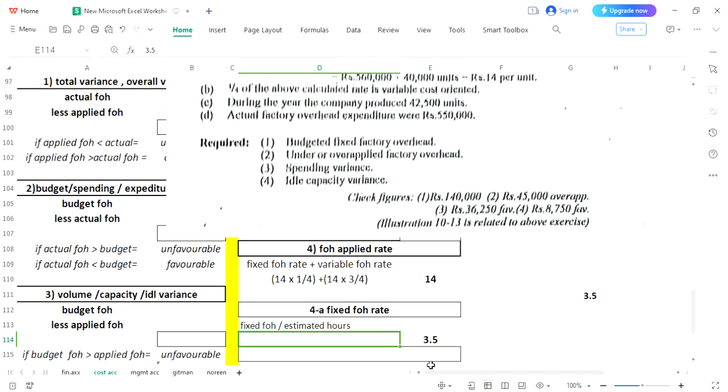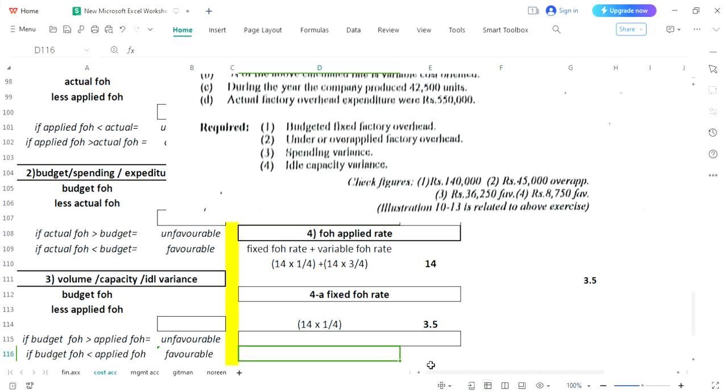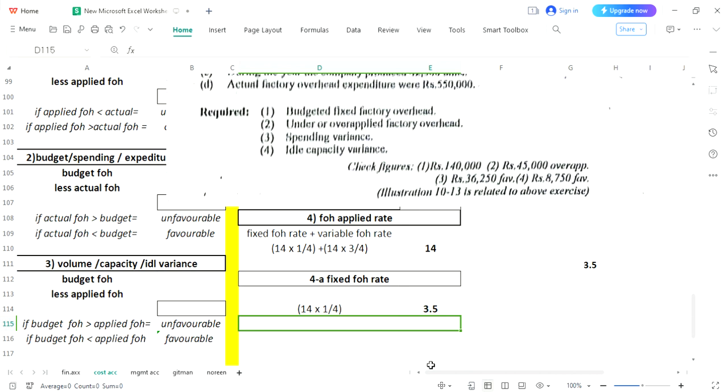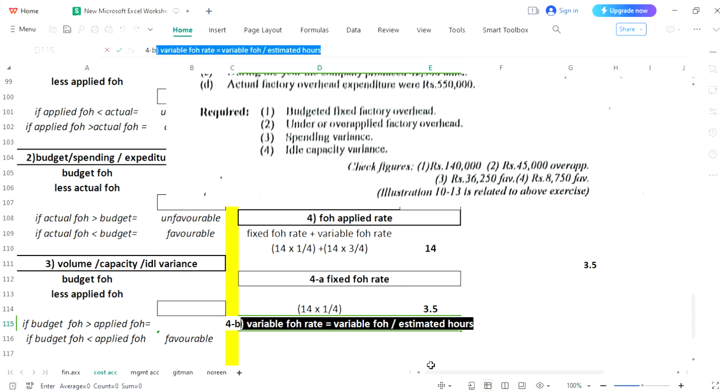How did you calculate? We can mention over here. What you have done, the fixed FH rate was 14 into 1 over 4. We haven't used the formula directly. Following the instruction given in the question, we calculated the fixed FH rate, and now the fourth B part was fixed for the variable FH rate.